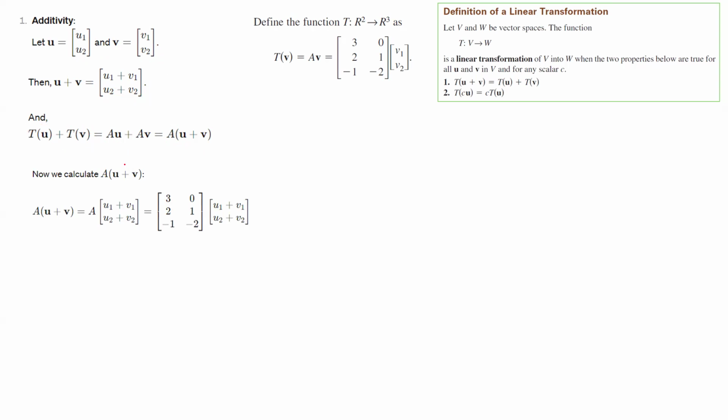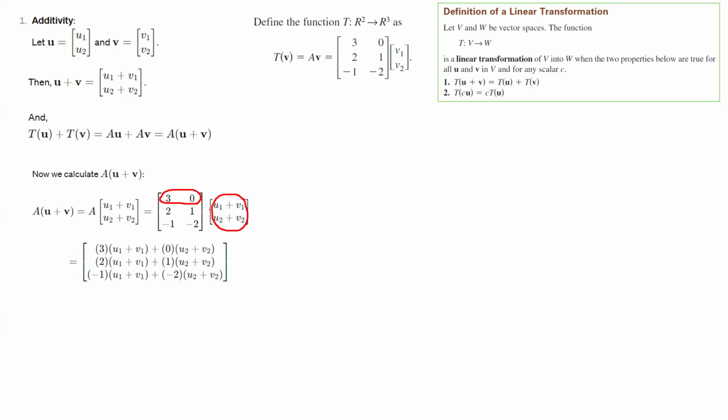If you calculate A(u + v), it is the multiplication of this matrix by the vector u + v, the same process as we saw before. We take the first row multiplied by this column and continue the process.